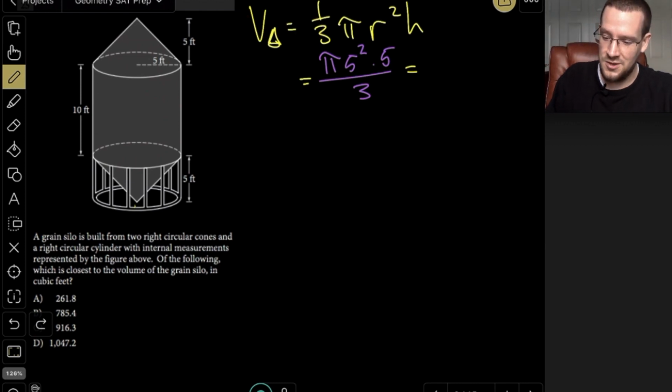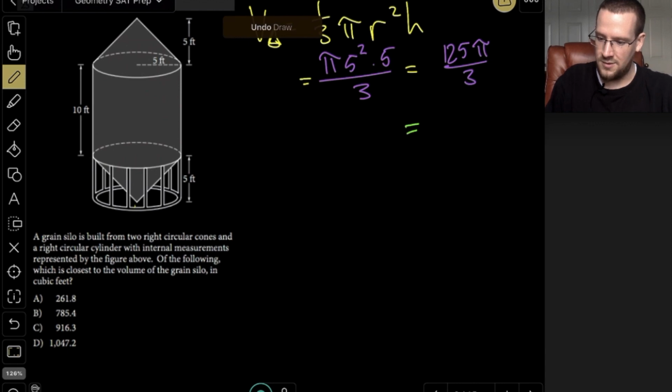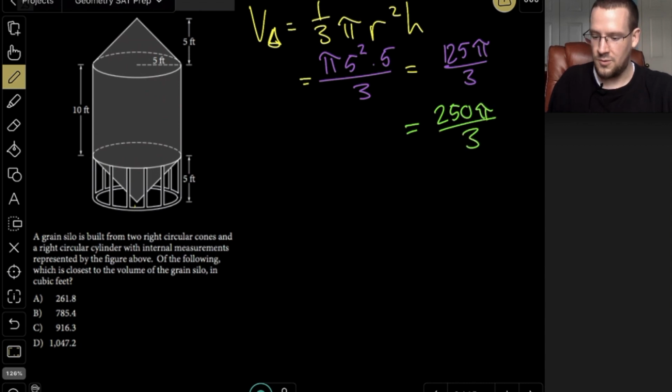So I'm going to put the junk in the trunk. So 5 squared times 5 is 125 times pi divided by 3. There's 2 of these. 125 times 2 is 250. So the double cone will be 250 pi divided by 3. So this is 2 volumes of the cone.